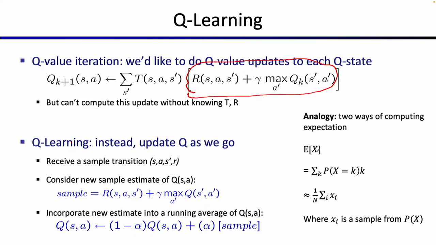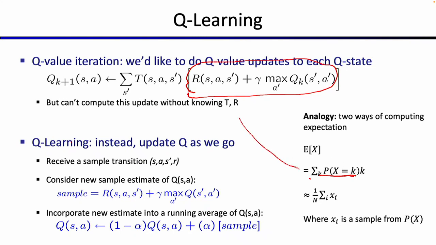This is a random variable because we have stochasticity, especially over the successor S prime. One way to compute an expectation of a random variable is to consider all the possible values that it can take on and take a weighted sum, weighted by the probability of the value being k.